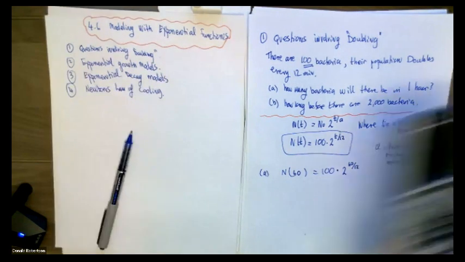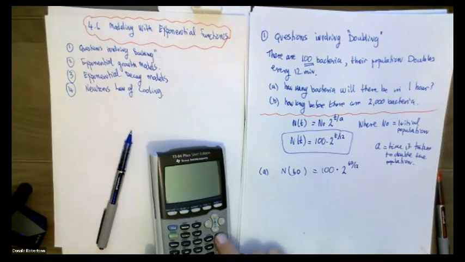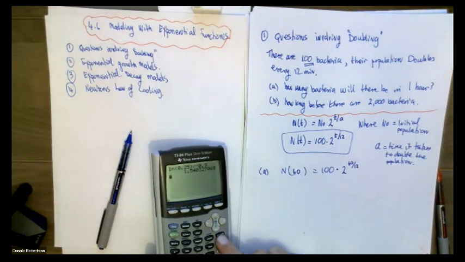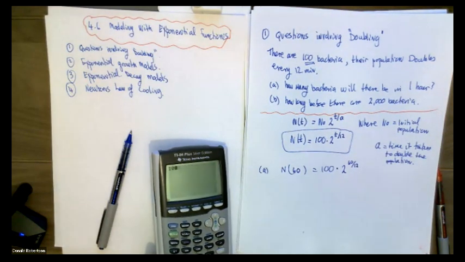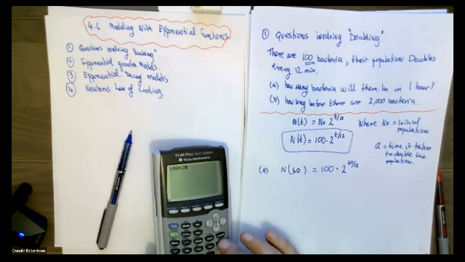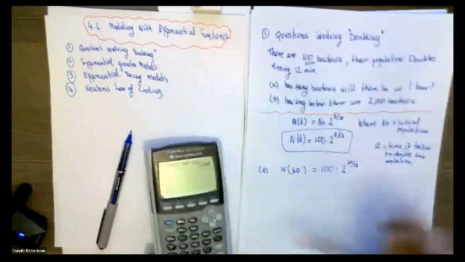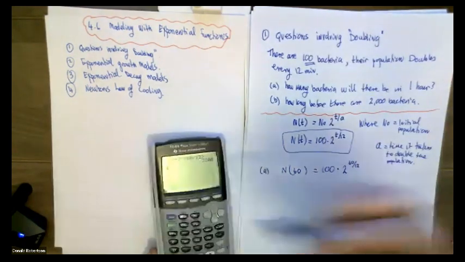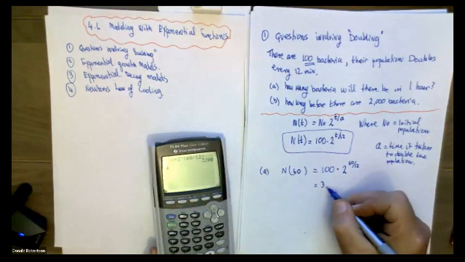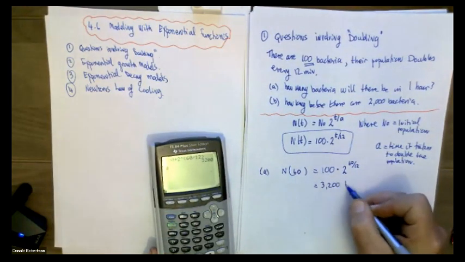And at this point, you let the calculator take over. So it's going to be 100 times 2 to the power of, a little bracket around it, 60 divided by 12. And the answer is that you're going to have 3,200 bacteria.